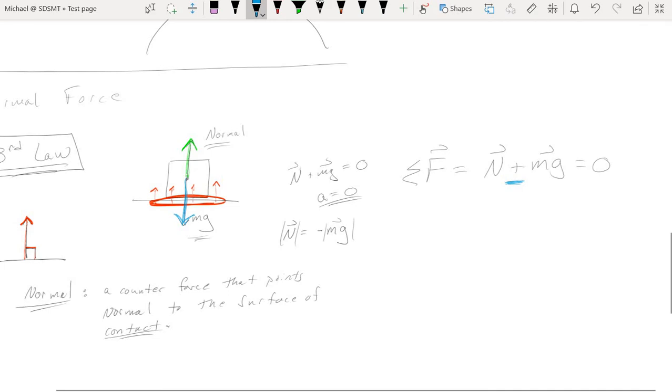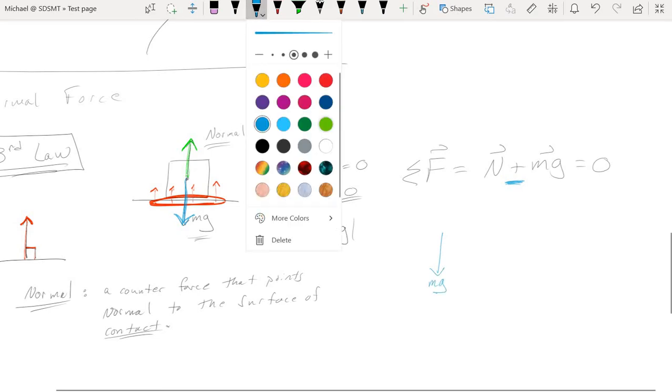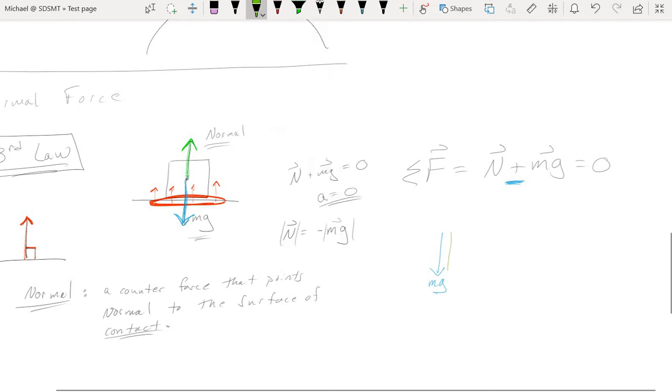So if I were to add the gravity vector head to tail with the normal vector, okay, well, adding head to tail, we can see right there how the two of them would cancel each other out. But still, most people are not comfortable with this particular notation.